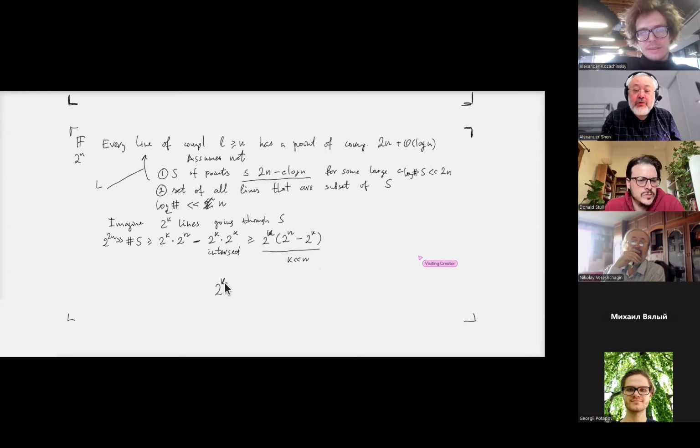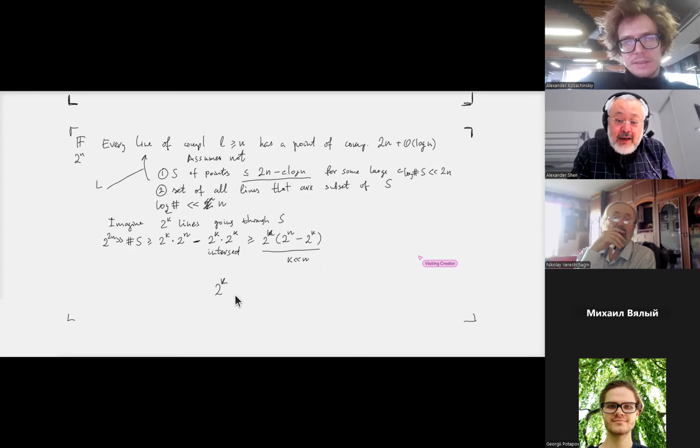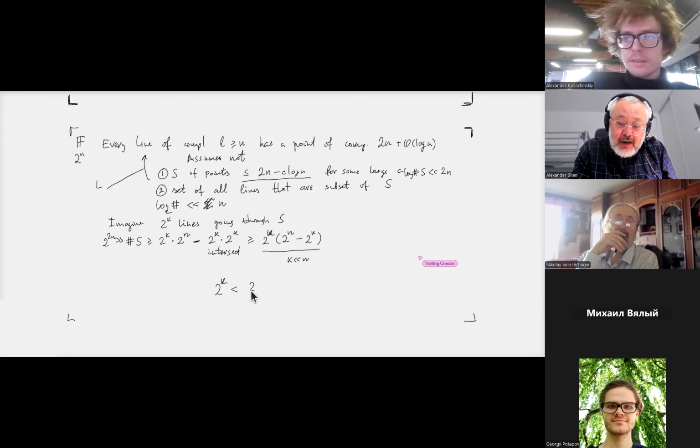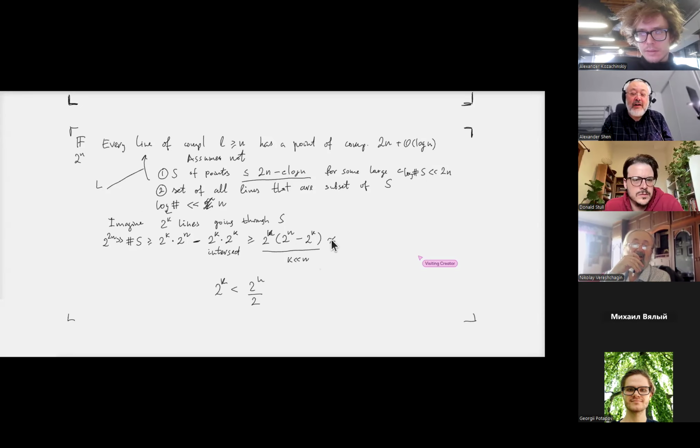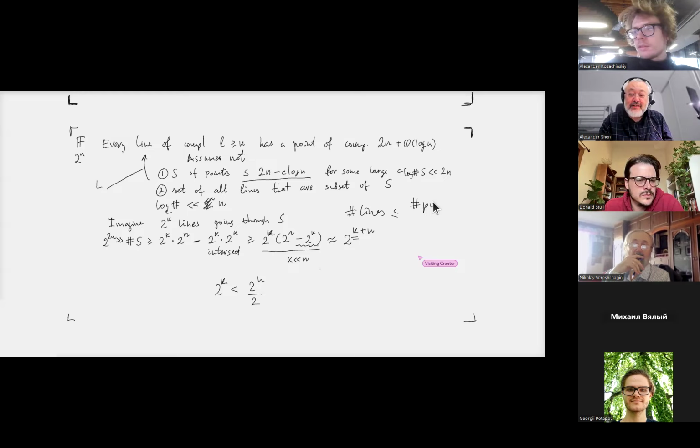If 2 to the k is smaller than a half of this, then this term only gives a constant factor, so it's 2 to the k plus n. And so we get a bound for k as we wanted.